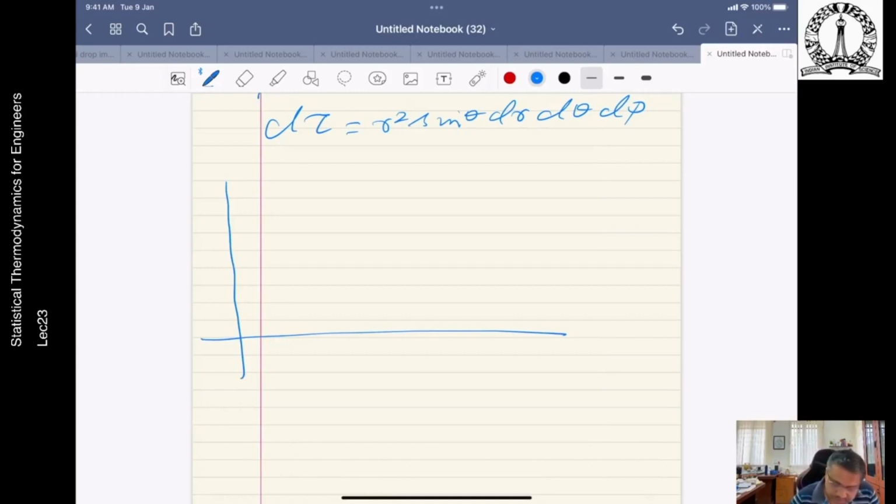So this is say 0, this is say 5, 0.1, 0.2, 0.3, 0.4, 5. So this function is something like this. It peaks pretty early and then it decays like this.